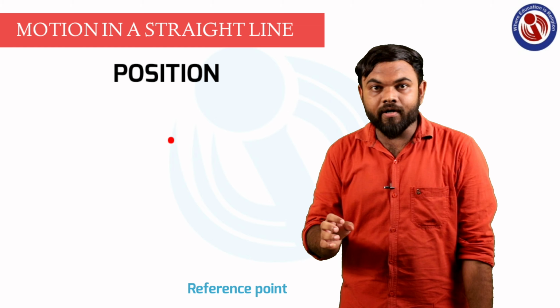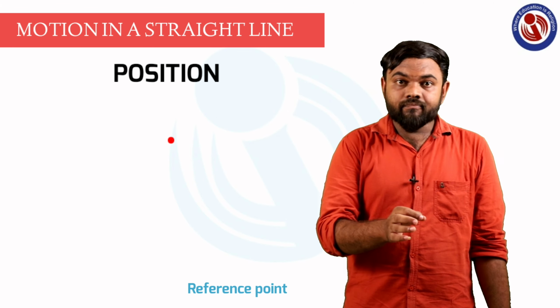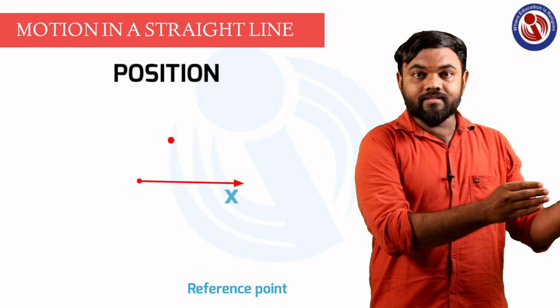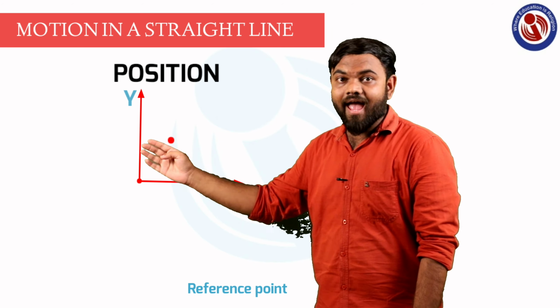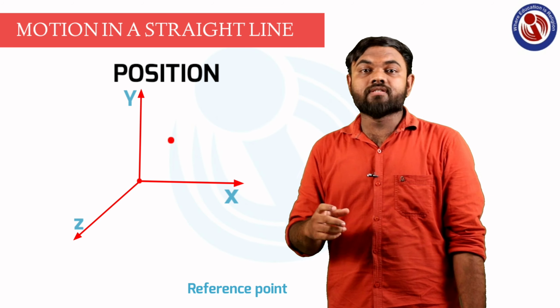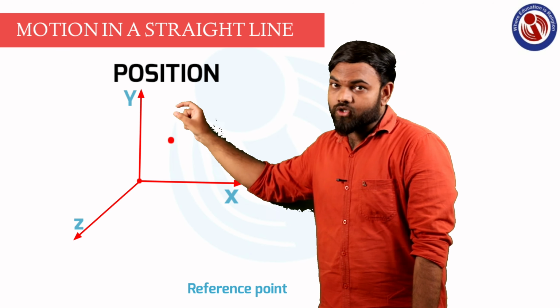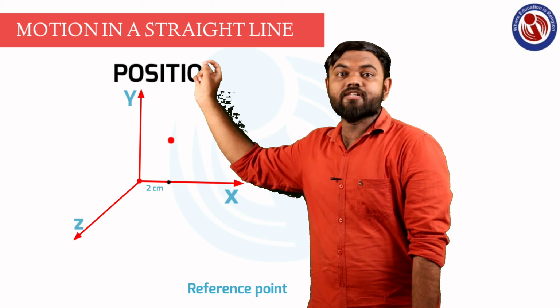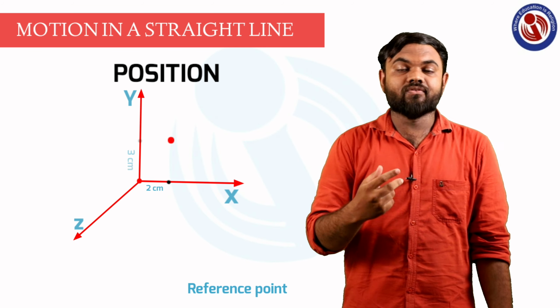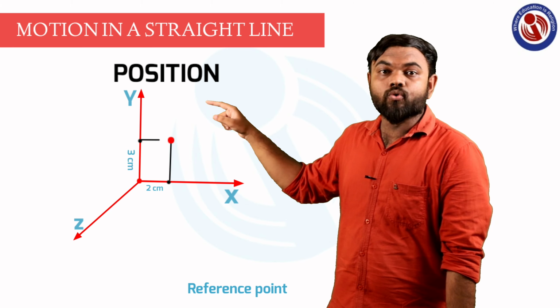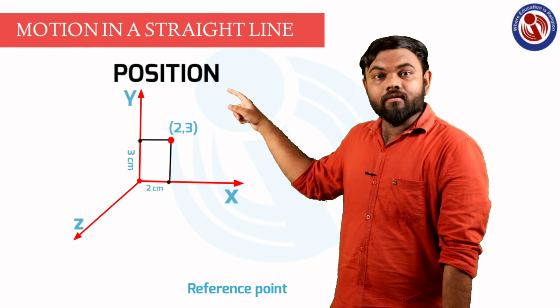What is a reference point? Where does it come from? It comes from the x-axis, y-axis and z-axis. Suppose this dot is with respect to x at 2 cm and with respect to y at 3 cm. Then what is the position of this dot? 2 and 3 cm.